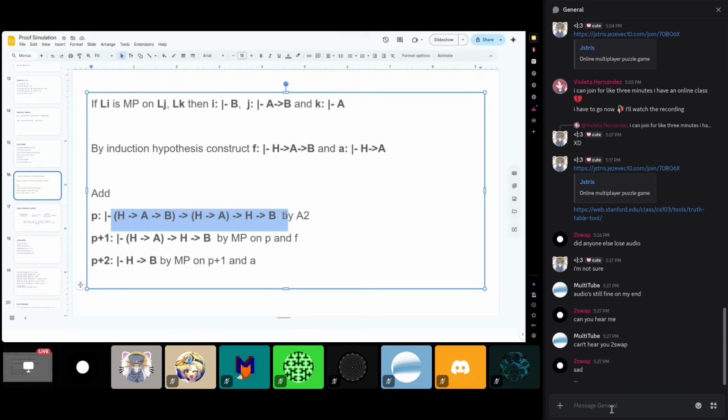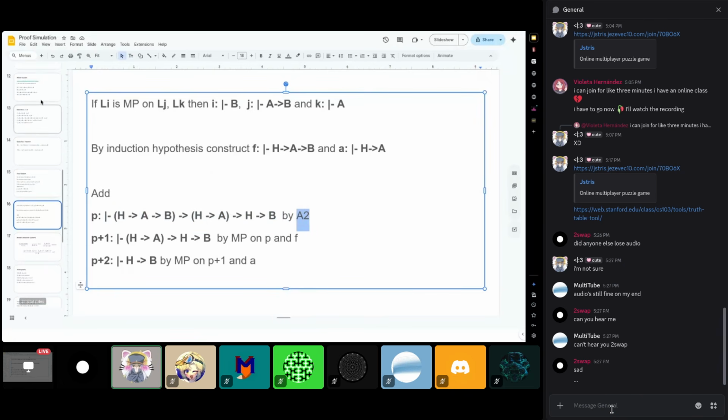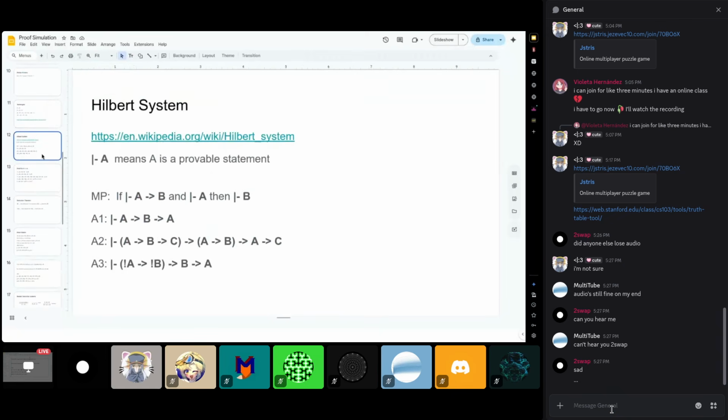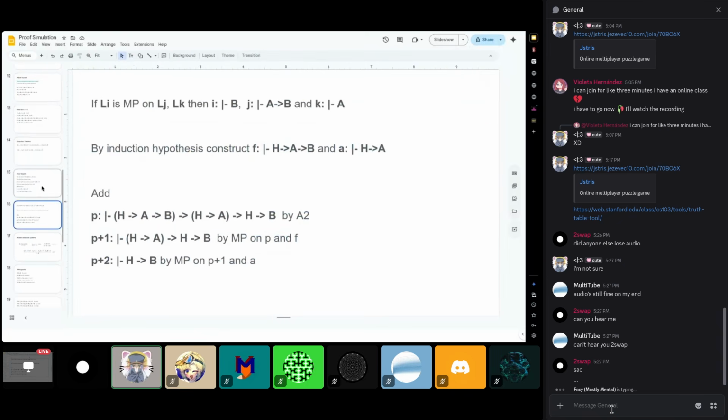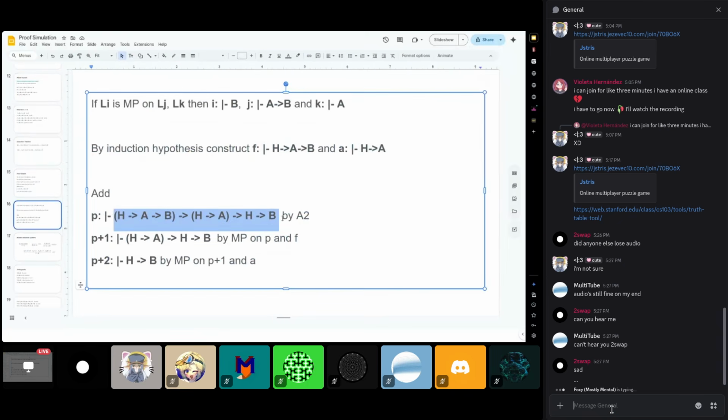With axiom 2, which is of this form, for appropriate assignments of A and B, you can get this, right?